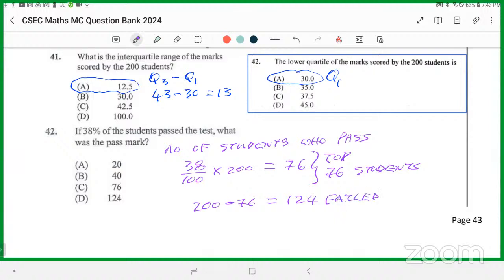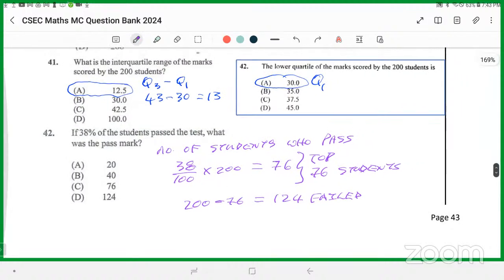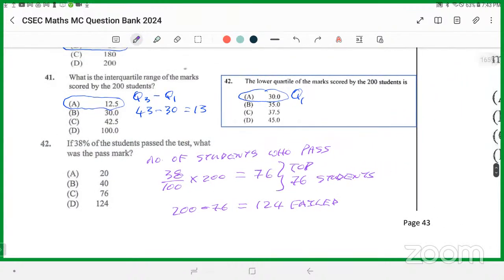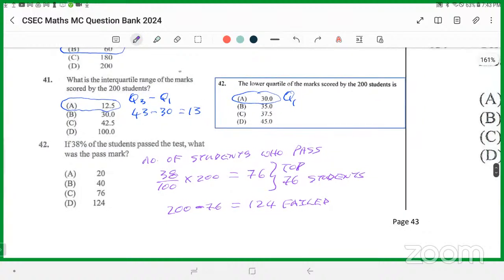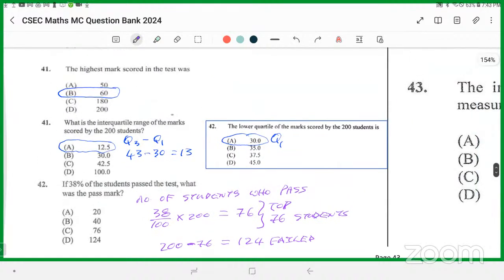So to get the pass mark, we find what the 124th student got. I'm going to get an approximate value for the pass mark. We find the 124th student and see what that mark is, and that will be the pass mark, because you have to get above that mark to pass the test.